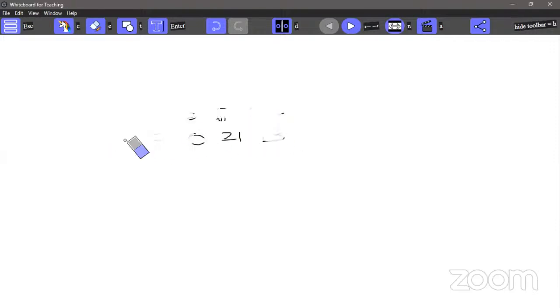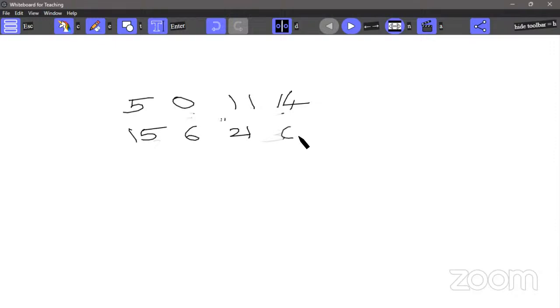Please tell me after the column reduction, what was the table? 5, 0, 11, 14. Then 15, 6, 21, 0.